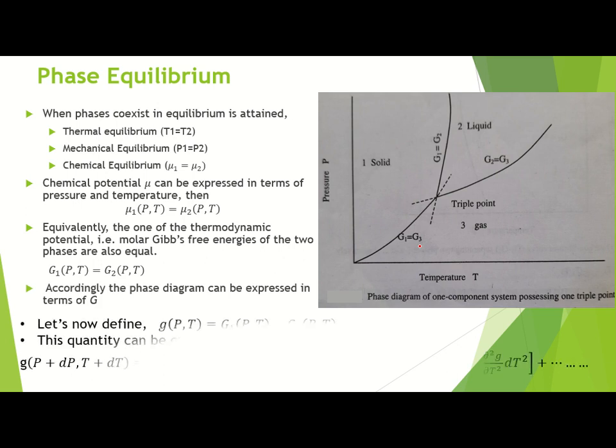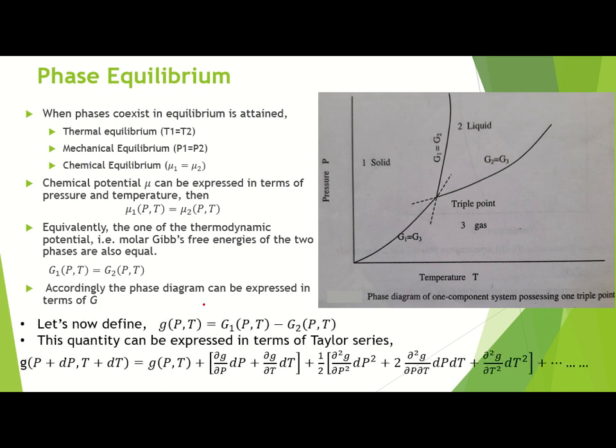So let's do some mathematical arrangements. Let's define a quantity which is the difference of G1 and G2. Let's say we are somewhere off from this curve, then there will be some difference between G1 and G2. G1 stands for the Gibbs energy of phase 1, and G2 for the Gibbs energy of phase 2.